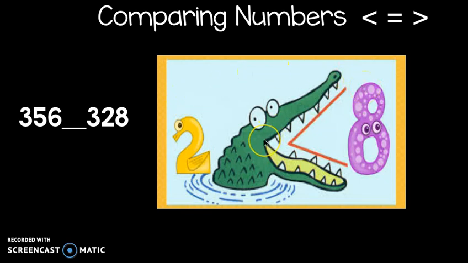So let's go back to this alligator here. He's pretty hungry. And so an alligator, if he's really hungry, is going to eat more. And in this case, more or bigger or greater is the 8. And so look at this little arrow in here, this symbol here. It's open towards the 8, and the smaller end is pointing towards the 2 behind him.